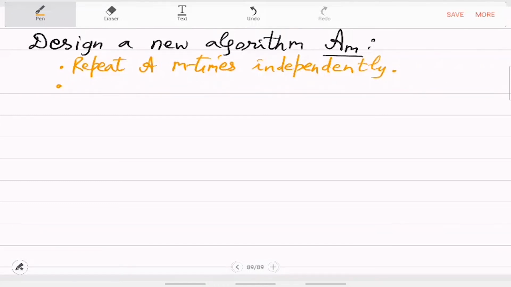So m times means you will get m bits, 0 or 1, and now what do you think the output should be? So, the output naturally would be the bit that appears the most, right, that is the majority vote. So, output the majority vote.